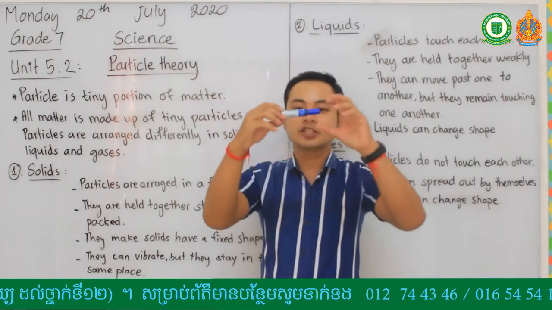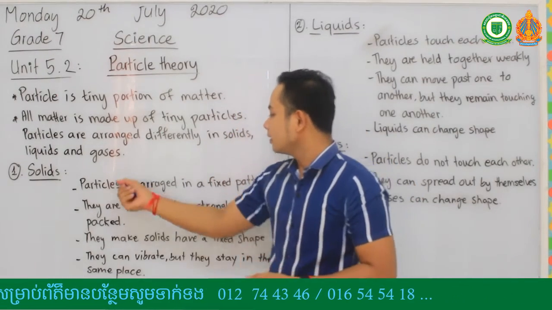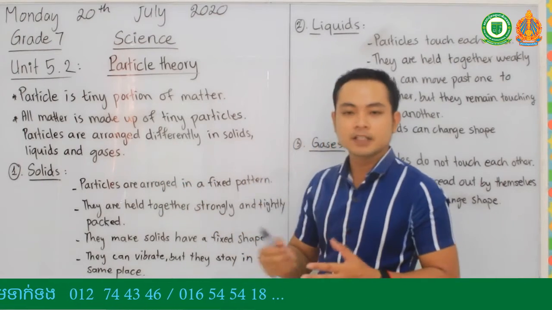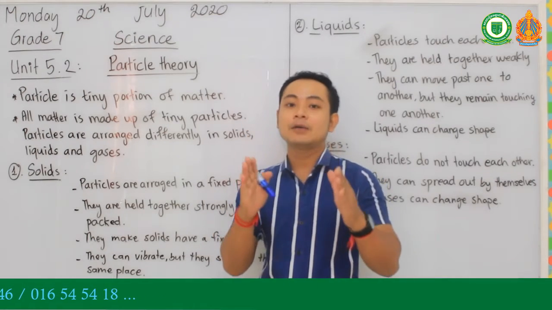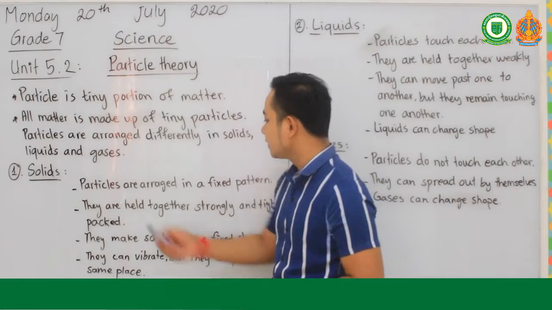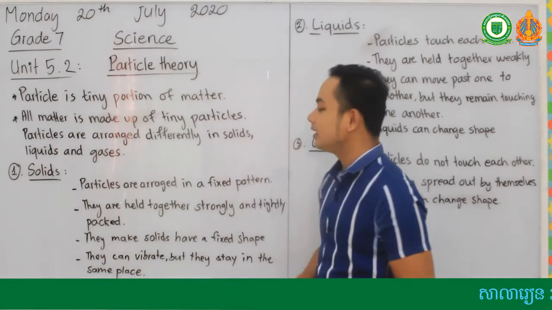You can see the shape of the marker. So particles in solids are arranged in a fixed pattern, a very specific pattern that you can see. And the second part is they are held together strongly and tightly packed.